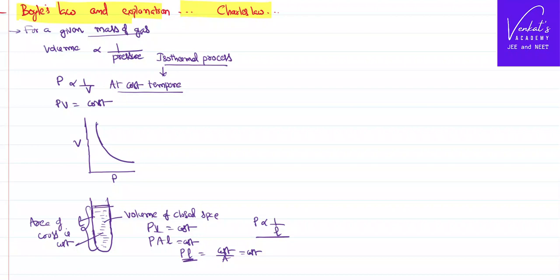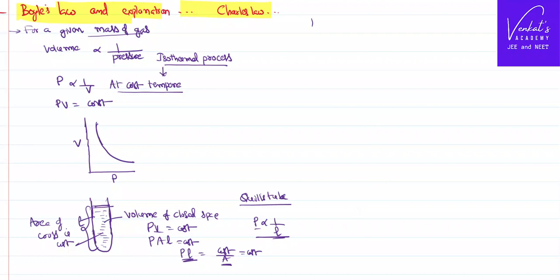You probably remember that you do an experiment in the laboratory called Quill's tube. In that, instead of showing pressure into volume is constant, you show that pressure into length is constant, because area is anyway constant. That's the basic thing of Boyle's law.